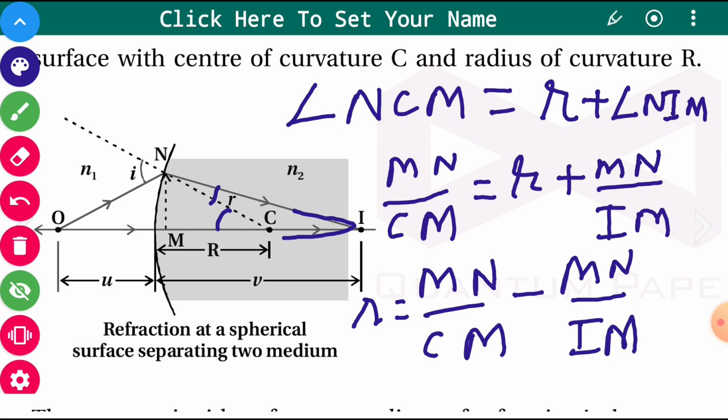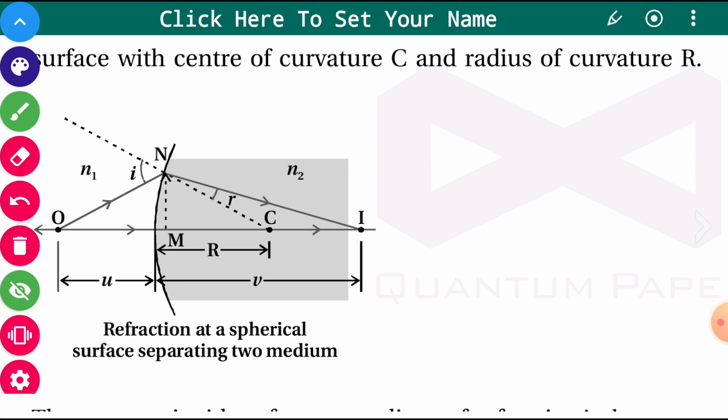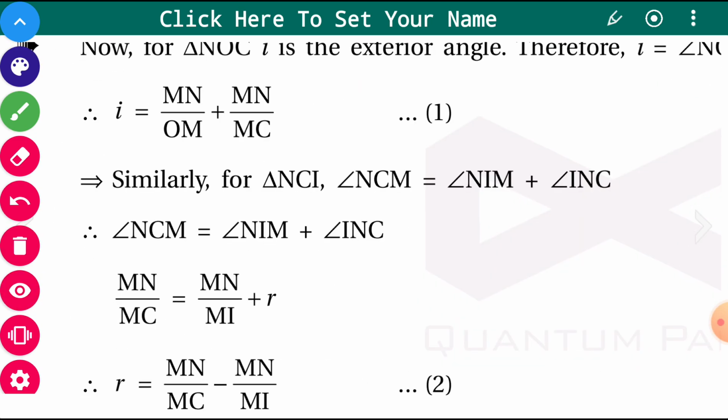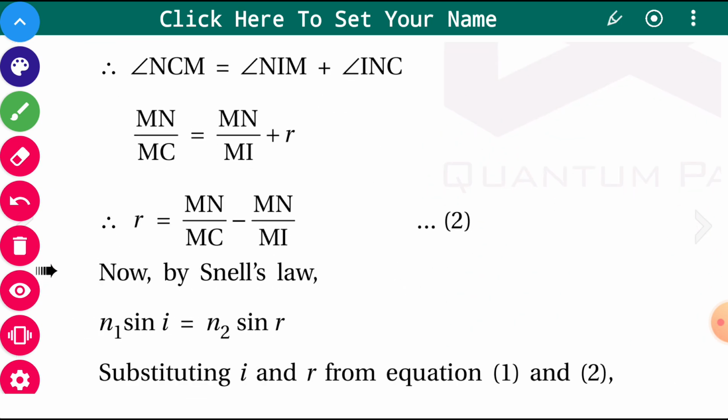This must be written in your notebook properly. Now we move further in the theory. This much we have completed. Up to this, R we have obtained.